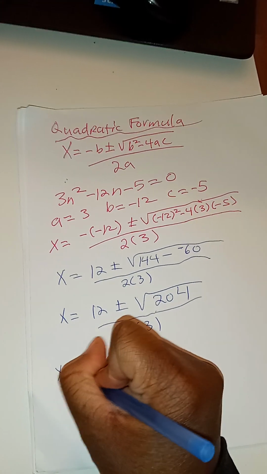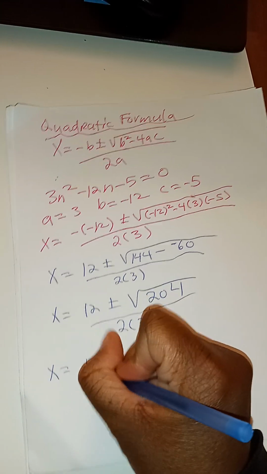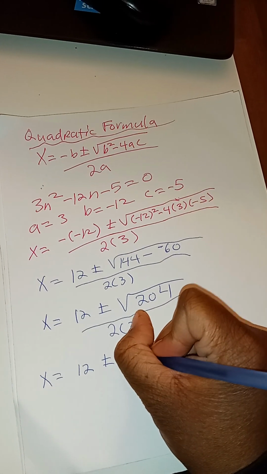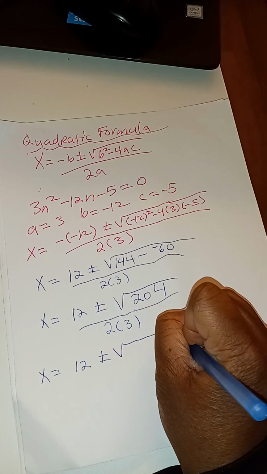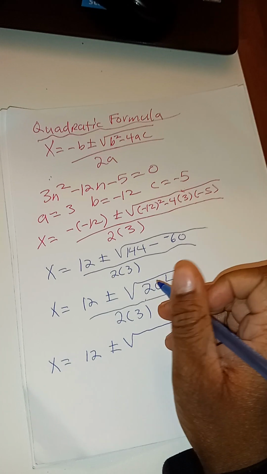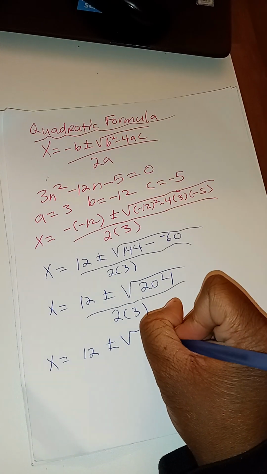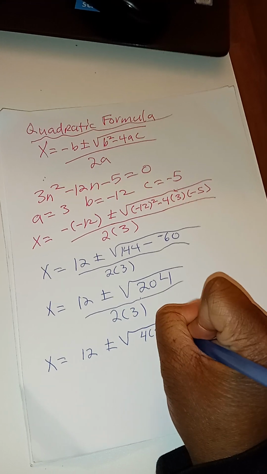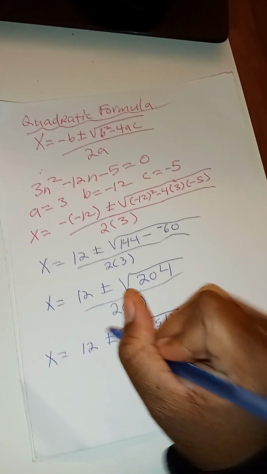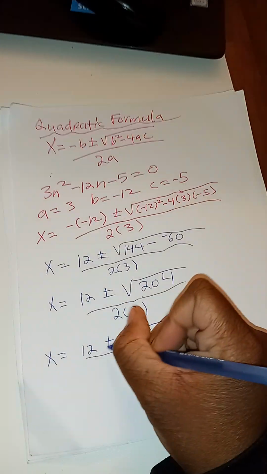So x is equal to 12 plus or minus, and the square root of 204 breaks down to 4 times 51, all divided by 2 times 3.